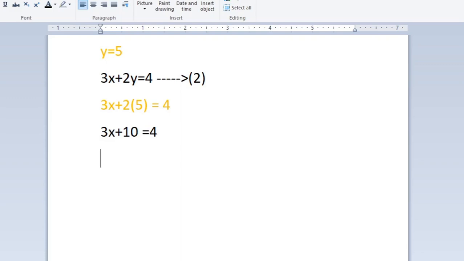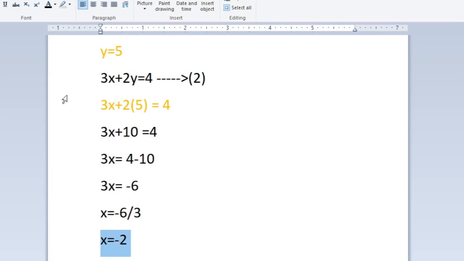Therefore you have to transpose this 10 to RHS. It becomes 3x is equal to 4 minus 10, which is minus 6. Therefore you have to find the value of x. This 3 is to be transposed to RHS. It becomes minus 6 by 3. So by going through the calculations, x is equal to minus 2.